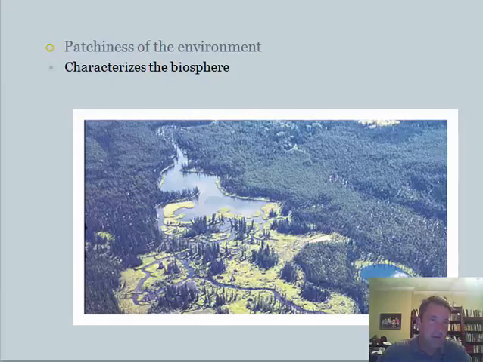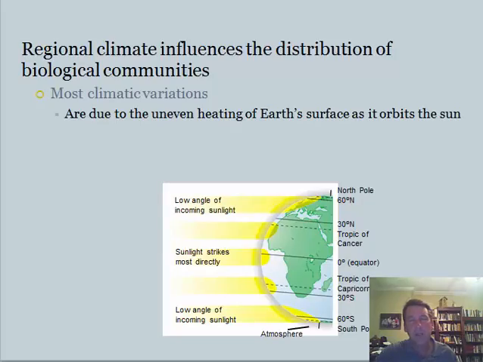Another thing that affects the globe is sunlight. The highest, most direct strike of sunlight is at the equator, so we have the highest temperature there. As we move away from the equator, the angle of the sunlight increases, and that decreases the temperatures and the amount of radiant energy.